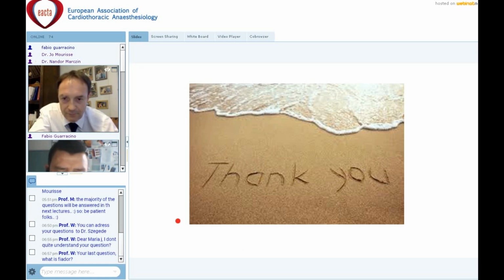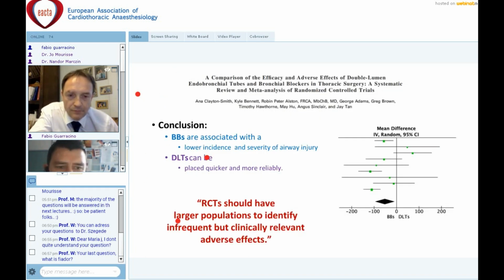The problem is that until now, in these RCTs, we have studied the things you can study very easily. But when we look at the surveys, on how many people use double lumen tubes versus bronchial blockers, there's a preference everywhere. For example, I also have this preference, although I can work with bronchial blockers.